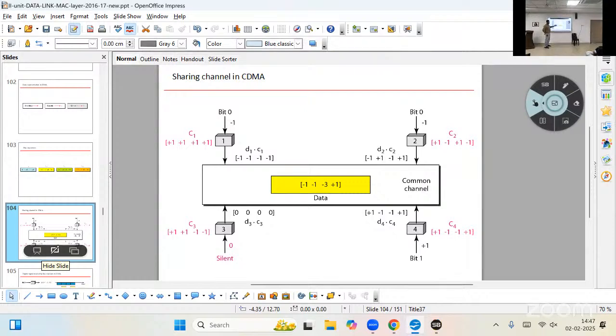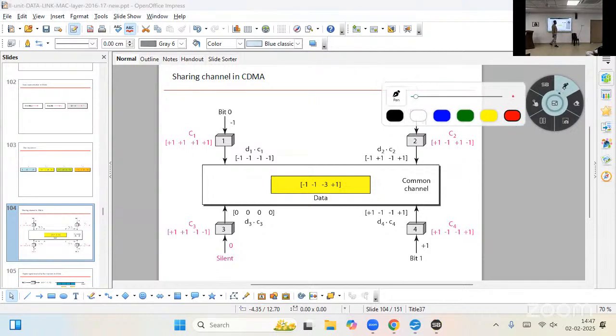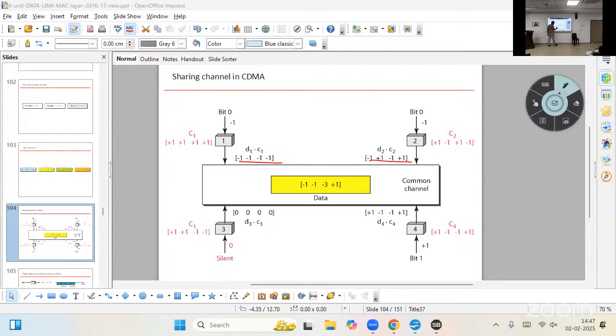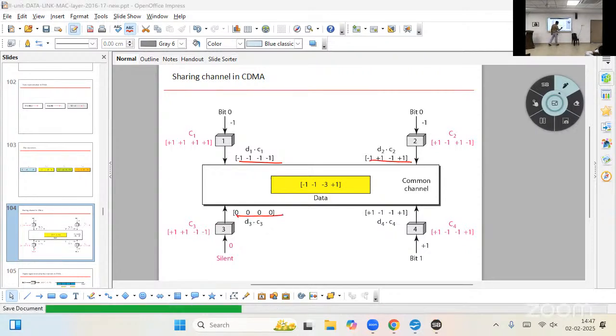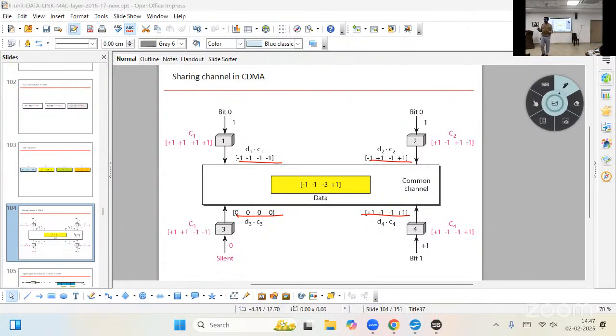So these are data. See here. The channel is silent. So here the remaining: first -1, 0, 0, 0, then 0 1.